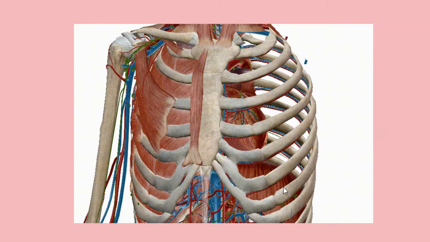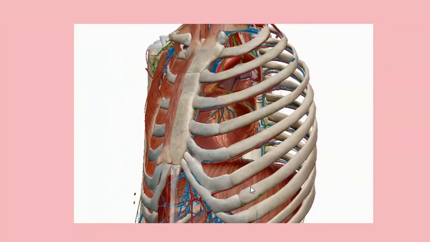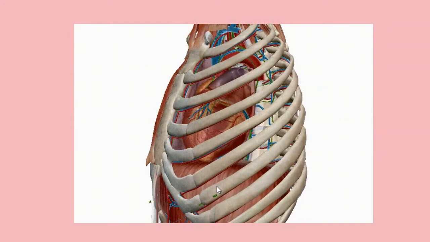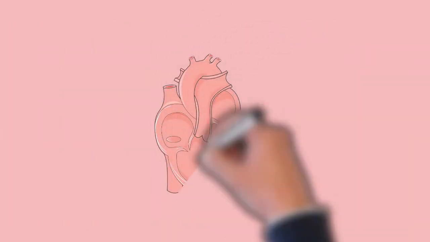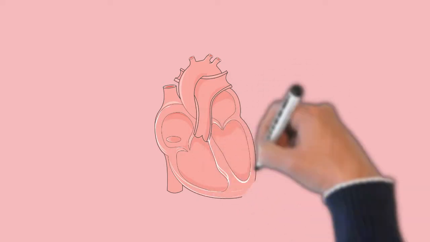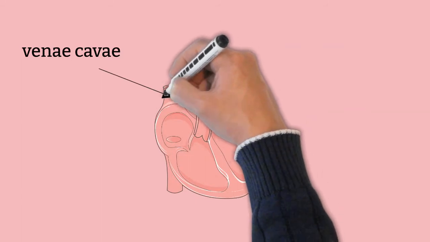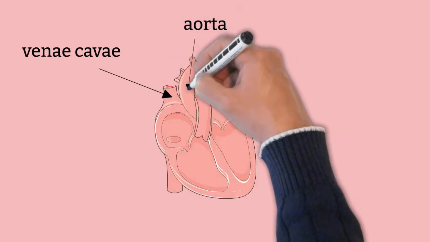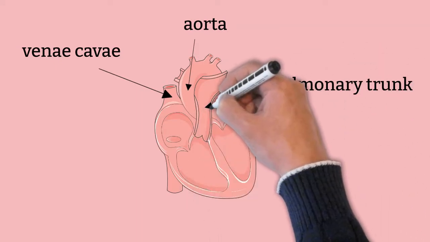The back surface of the heart lies near the vertebral column, and the front surface sits behind the sternum and rib cartilages. The upper part of the heart is the attachment point for several large blood vessels, the venae cavae, aorta, and pulmonary trunk. The upper part of the heart is located at the level of the third costal cartilage.